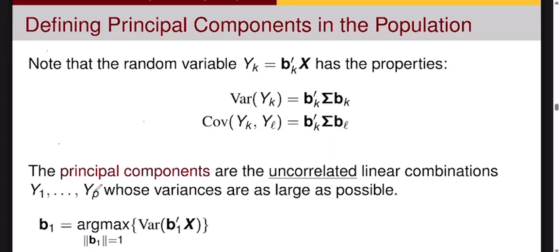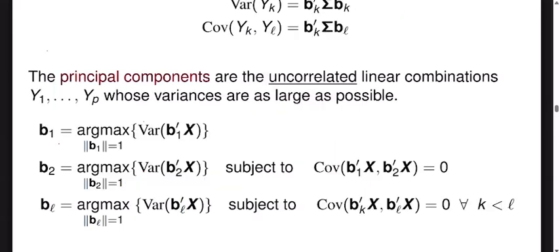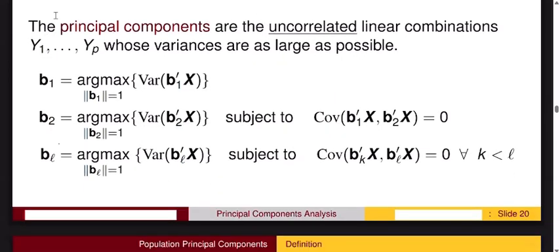Now I need you to pay attention. I want to talk about the principal component now. I just walked you through the principal component and linear combination. And let me tell you this: even if the original features are correlated, the principal components will be uncorrelated.